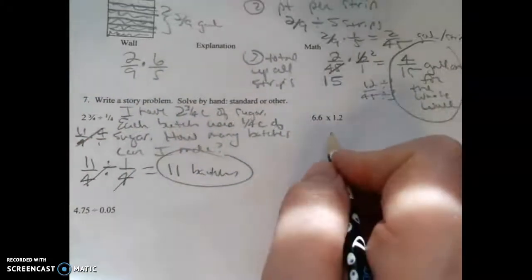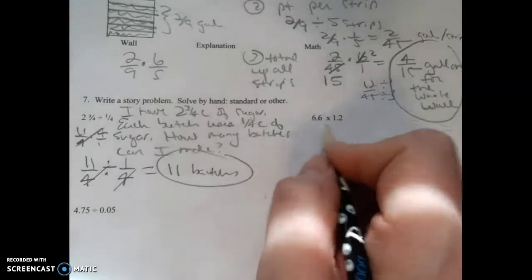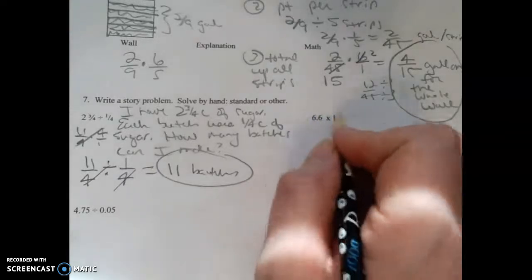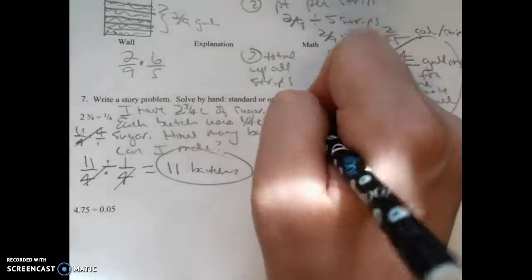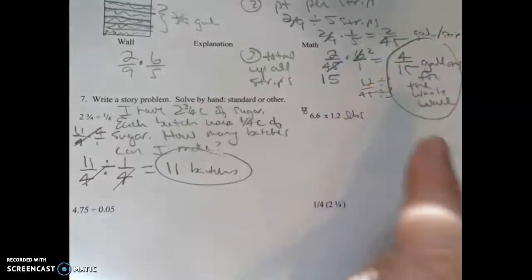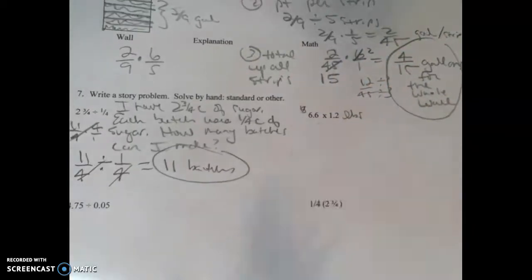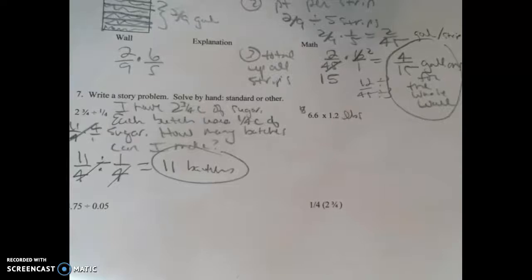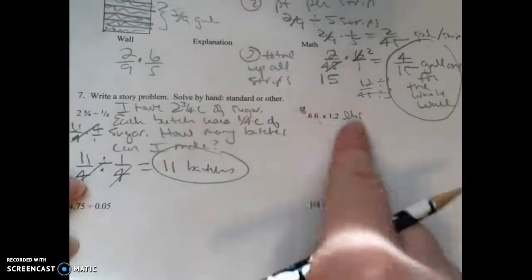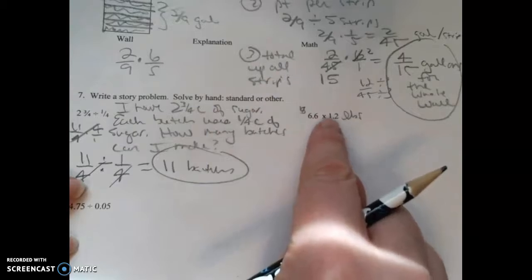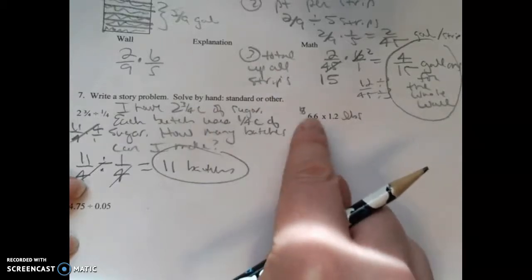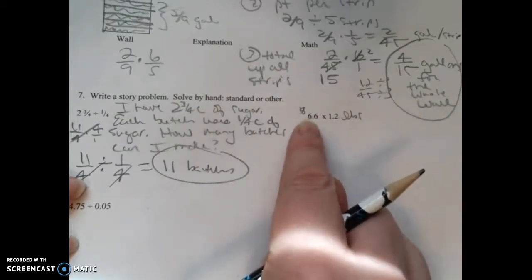Okay, over here, I like to do something with pounds or money. So I'm going to let this be money and this be pounds. And remember, with multiplication, we have multiplicative comparison, we have arrays, we have ordered pairs, but those tend to work better for whole numbers. So using groups, I have 1.2 groups of 6.6, so $6.60.